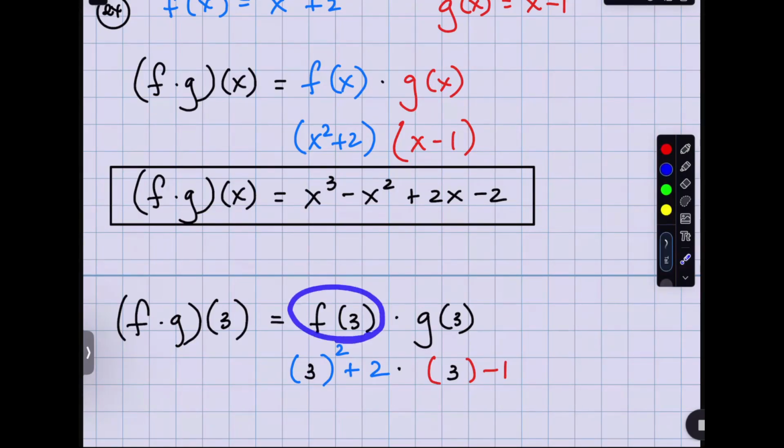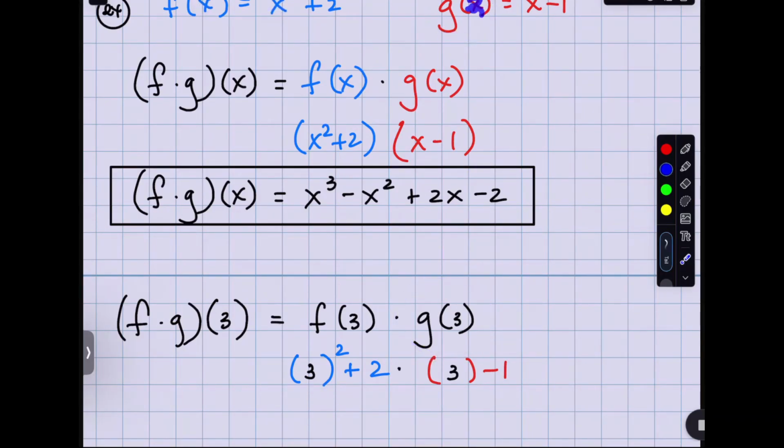This is the f function, right? If I'm plugging 3 in here, that means I'm plugging 3 in here, right? This is a g function, right?